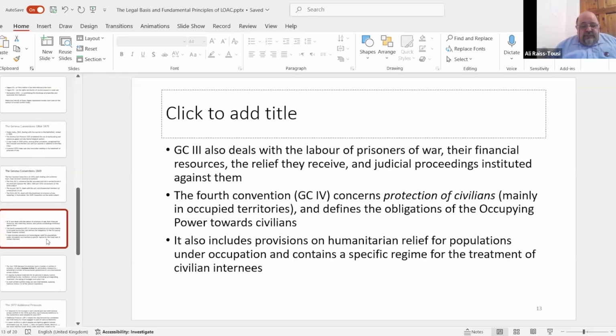More importantly, the occupying power cannot transfer parts of its own civilian population into the territory that it occupies with an eye on annexing it in future. But this principle has been violated and continues to be violated.